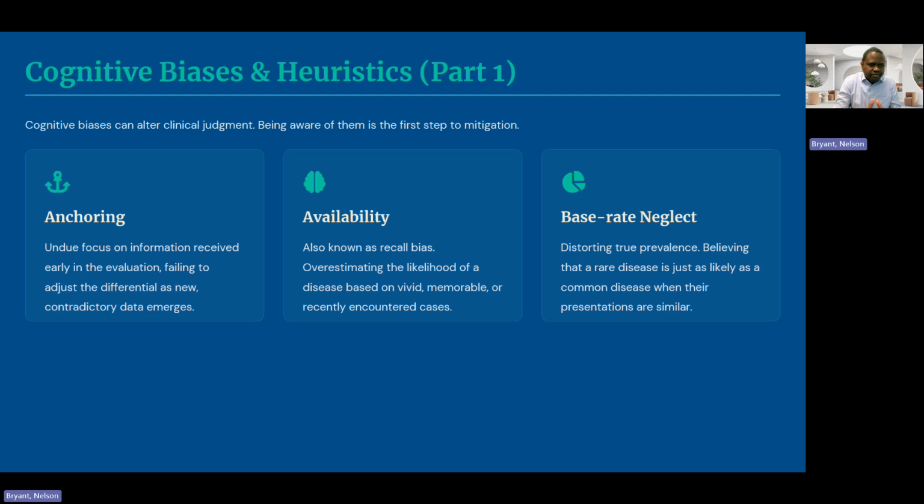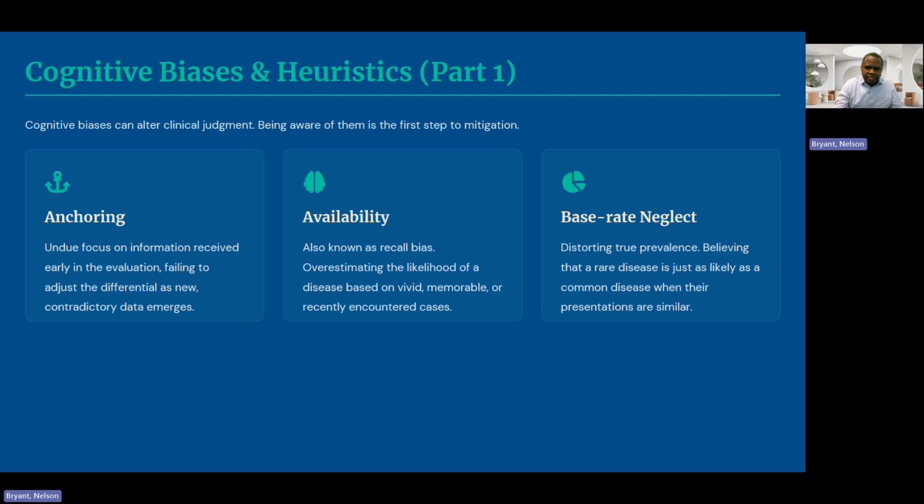Why do we learn about this diagnostic reasoning? It's because we all have biases. Those are known as cognitive biases. For example, some of them are anchoring, which occurs when we fixate on the very first piece of information that we receive.